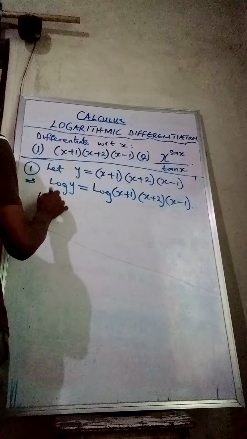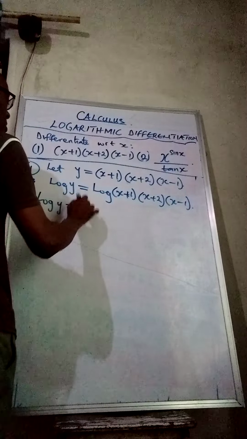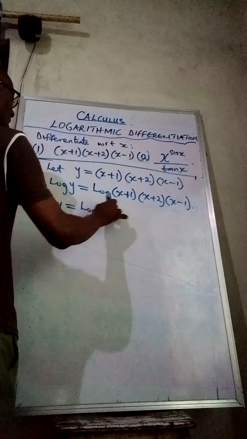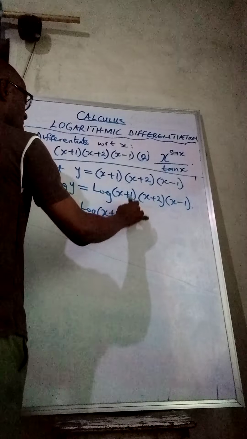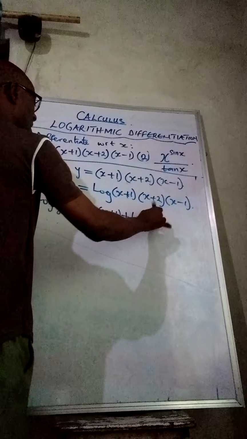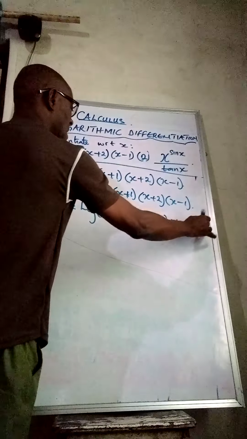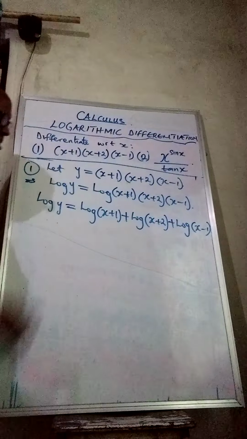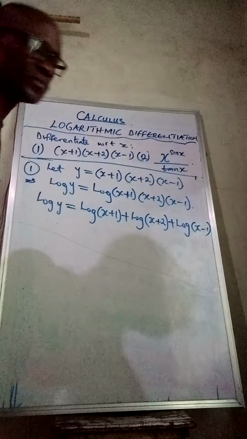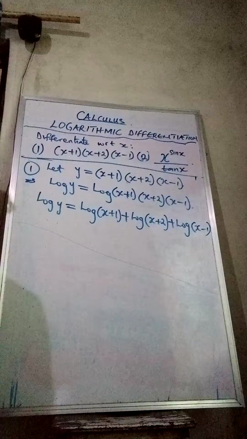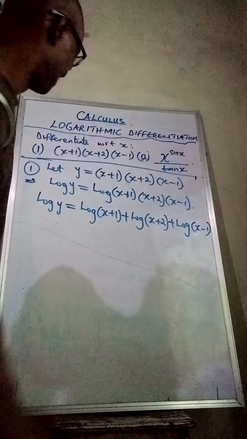So we have log y equals log(x plus 1) plus log(x plus 2) plus log(x minus 1). I apply the law of logarithm. Alright, what do we do? We differentiate each of them.